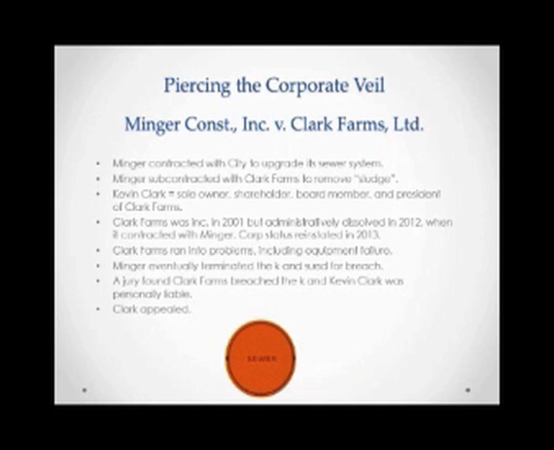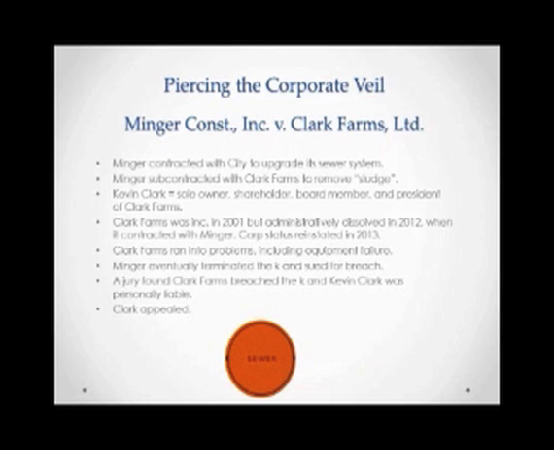A fact that comes into play later is that the corporation was incorporated in 2001, administratively dissolved in 2012 at the time of the contract with Minger, and corporate status was reinstated in 2013. Clark Farms eventually ran into problems fulfilling the contract, including equipment failure and a whole host of issues that are detailed in the decision.